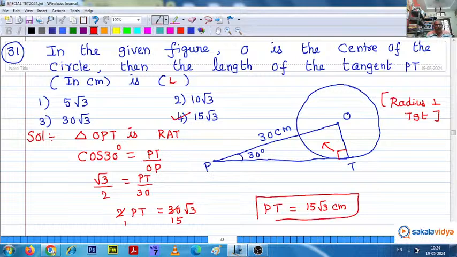So the fourth option is the right option. Yes, not the second option, the fourth option. Yes, adjacent side by hypotenuse. Adjacent side means PT, hypotenuse is OP. That's all.